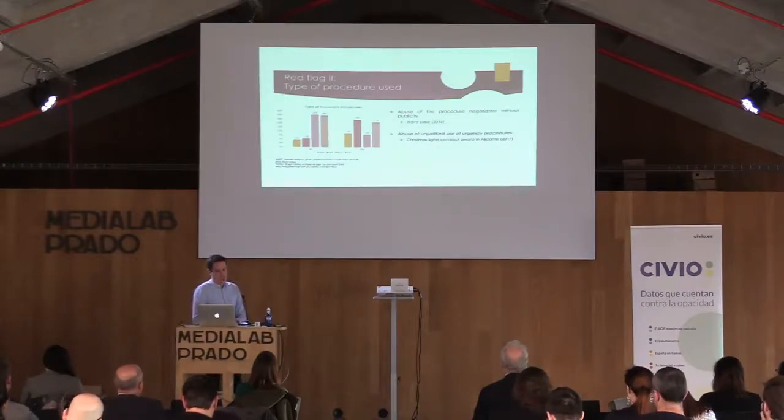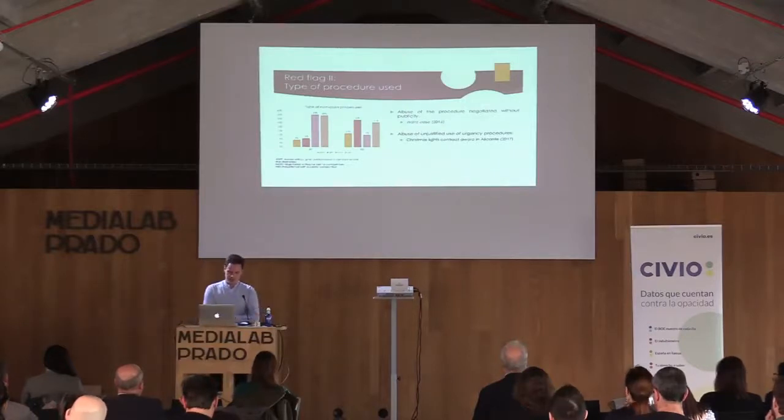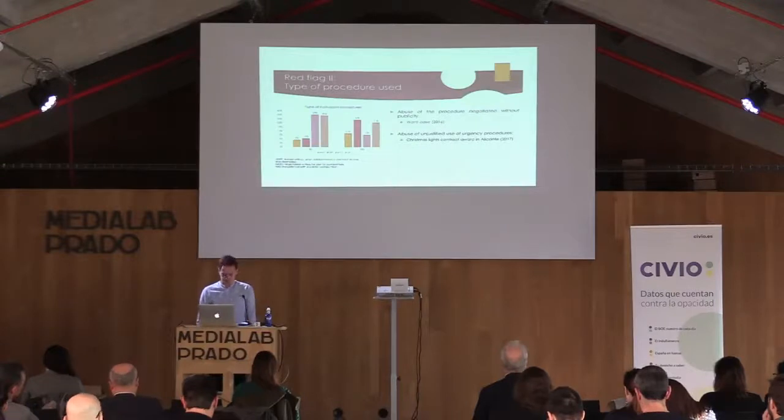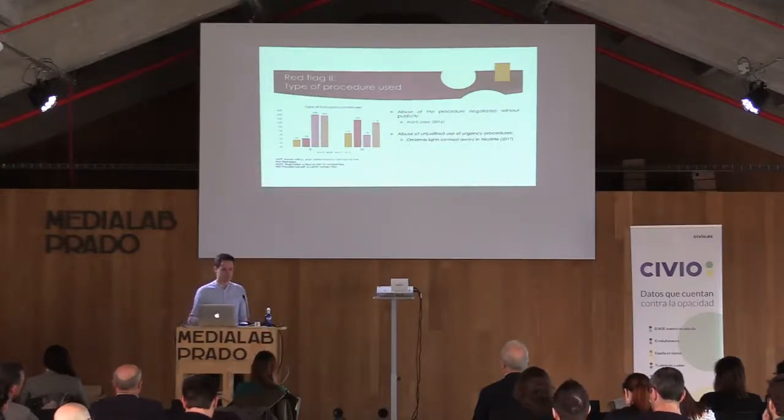Another of the techniques that were very common in the corruption cases that I was looking at was the abuse of unjustified non-open or urgent procedures. This is done normally to restrict the number of companies that can bid for the contract, or even decide what companies can bid.